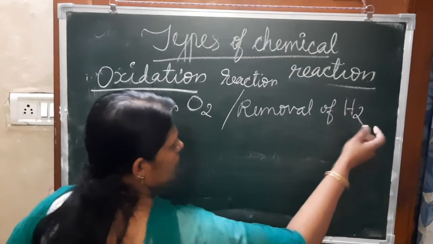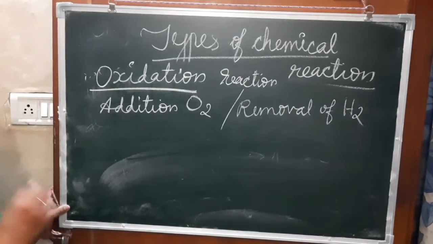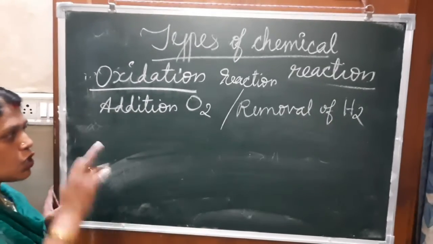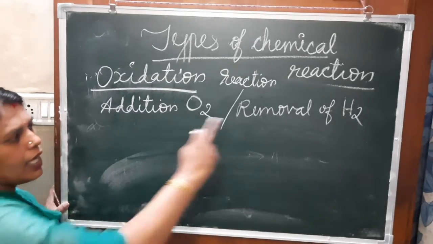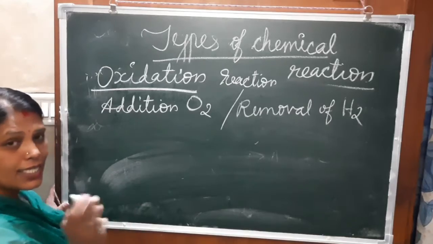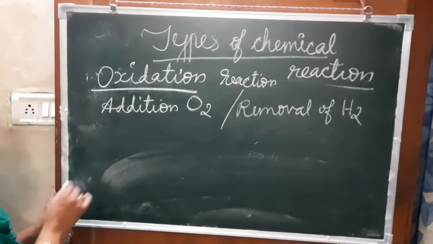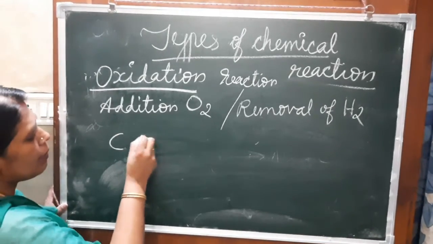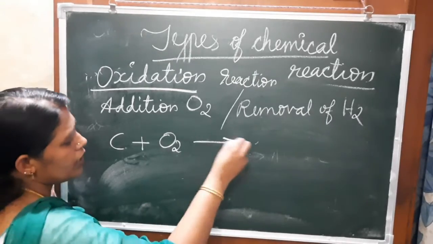Both are oxidation. Reduction is just the opposite: addition of hydrogen and removal of oxygen. For example, in an oxidation reaction, carbon plus oxygen gives carbon dioxide.